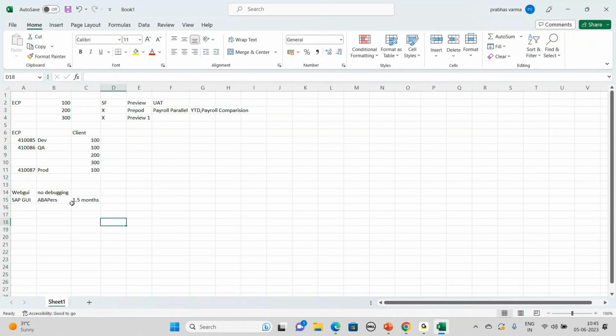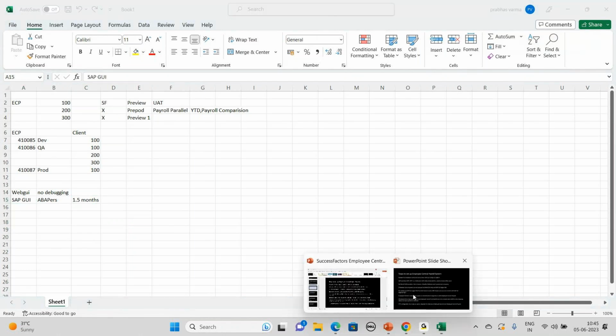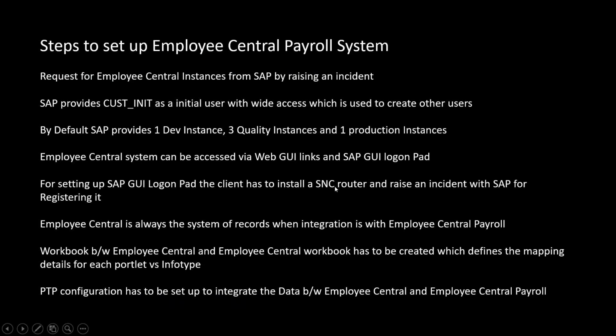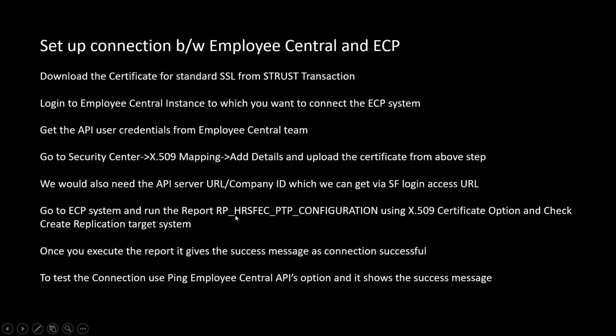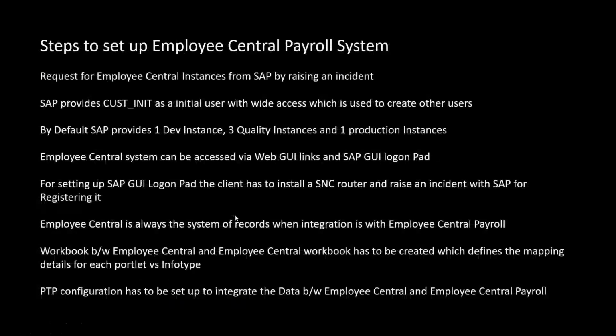It takes around 1.5 months to configure the SAP GUI, because that's a new concept they have introduced. The SAP SNC router has to be installed, and then they have to raise an incident with SAP to register it. SAP also has to do the same thing.